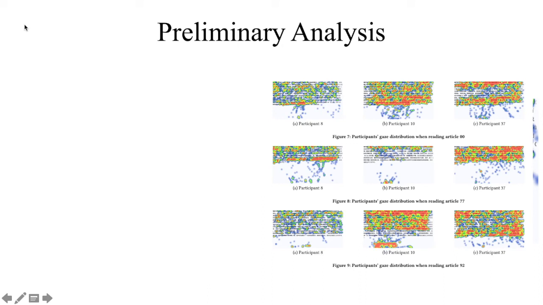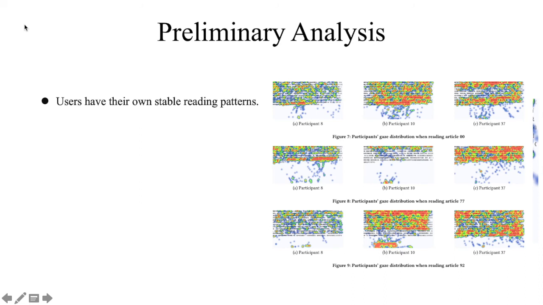The three articles shown in the figures belong to different categories. Article 00 belongs to the military category. Article 77 belongs to the games category. And Article 92 belongs to the cultural category. It can be seen from the result that users have their own stable reading patterns.